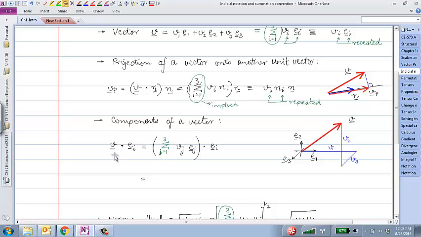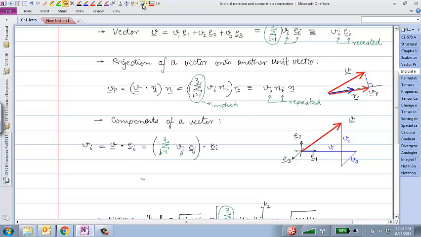What we'll do is consider exactly the operation that I just said. We'll take vector v and dot product with e1 to find v1, right? So essentially, on the left-hand side here, I have vi. Vi is equal to v dot product with ei.